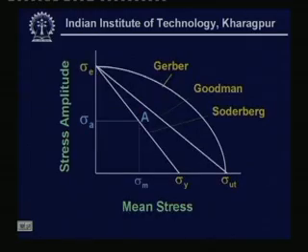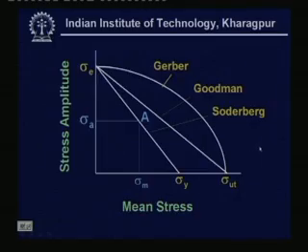In the last class, you remember that we have been discussing the equations related to the design in case of fatigue loading, and these are the Gerber line, the Goodman line and the Soderberg line, where the abscissa was the mean stress and the ordinate is represented as the stress amplitude.